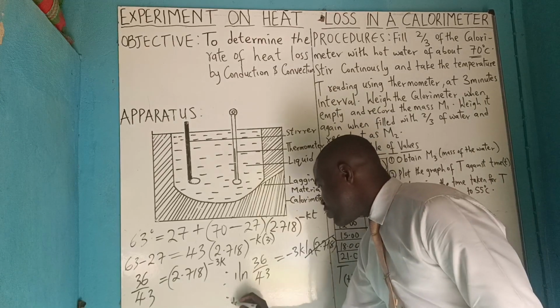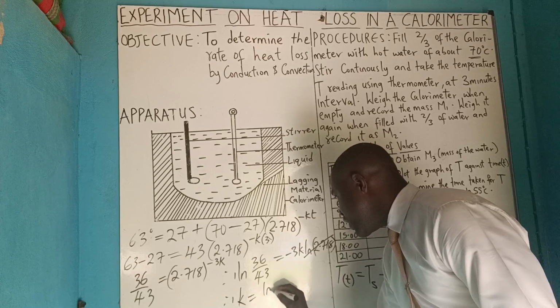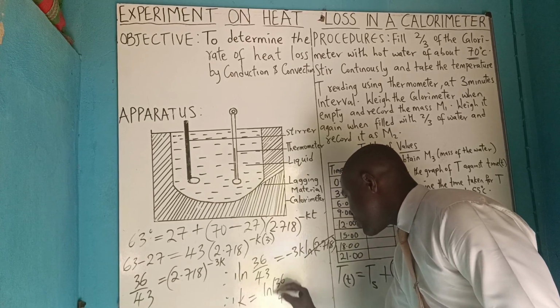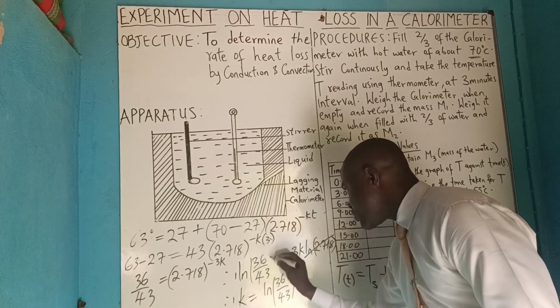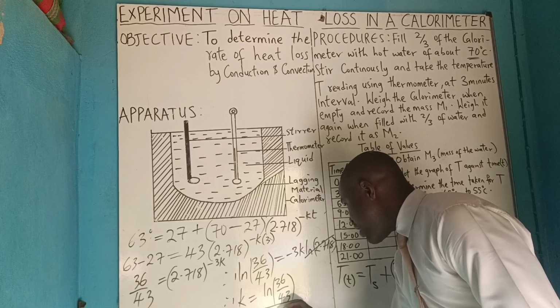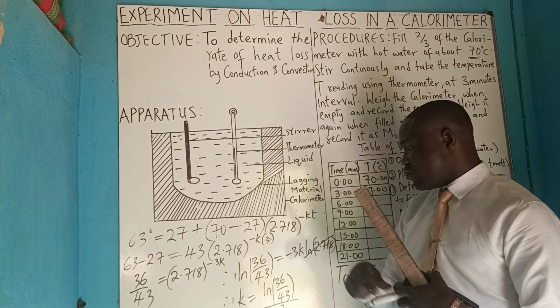And therefore, we now say that our k will be equal to ln of 36 over 43 in bracket, divided by what? Minus 3. That will be your value of k.